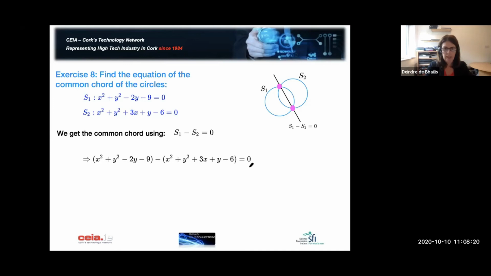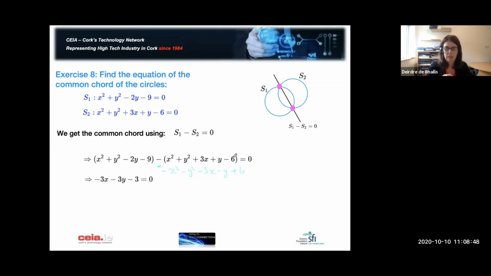And again, I can't stress enough to be really careful with multiplying through with that minus, because that minus has to multiply through all of these terms. So it's going to give you minus x squared minus y squared minus 3x minus y plus 6 when I remove the brackets there.